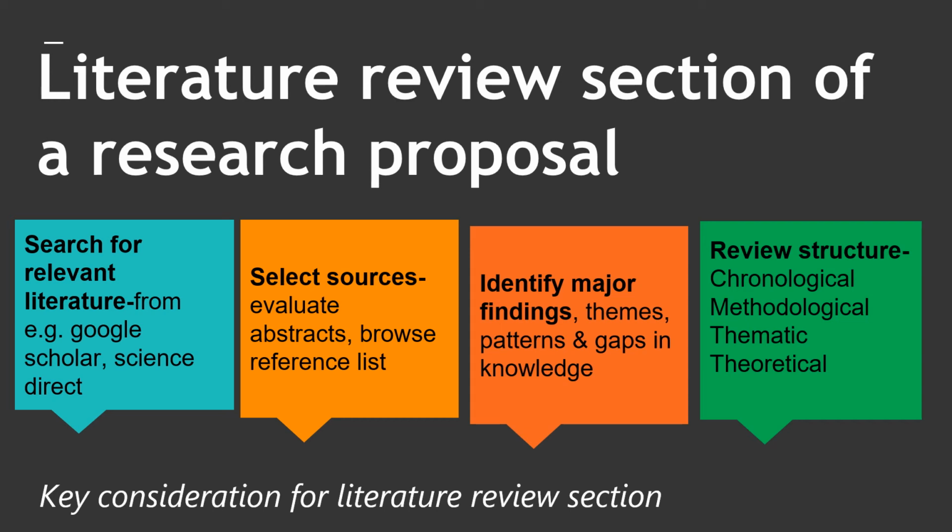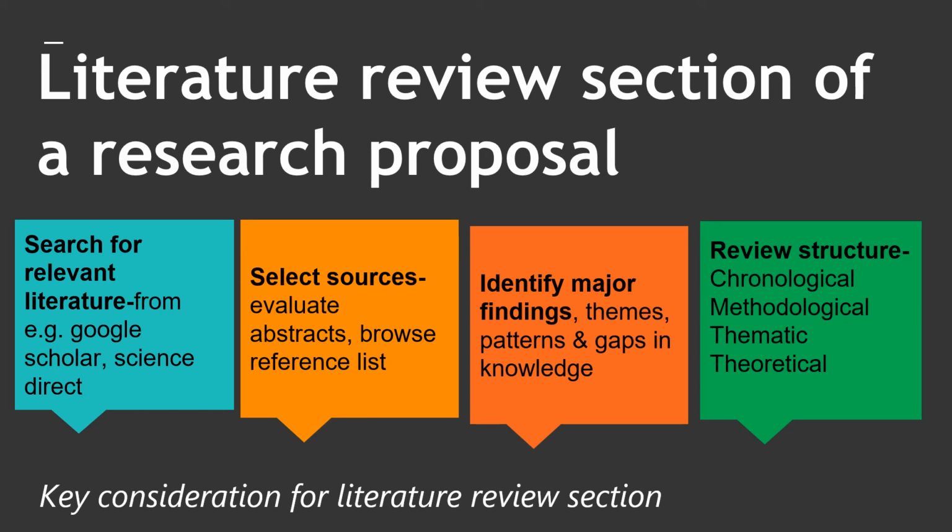You can have a chronological order of your literature review section. This is where you order your review based on the year in which the manuscripts were published. Some people prefer to order from older to recent manuscripts.